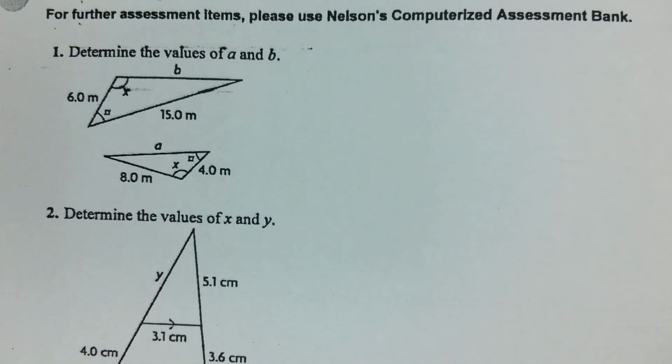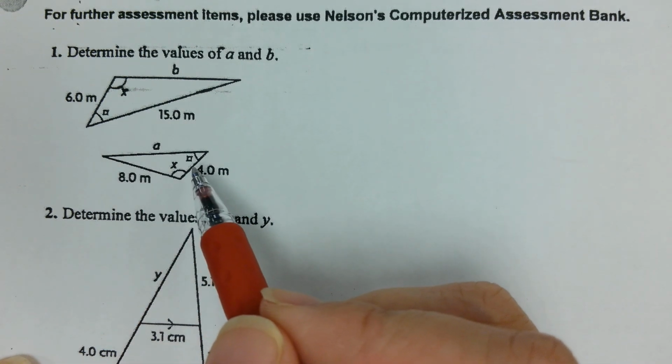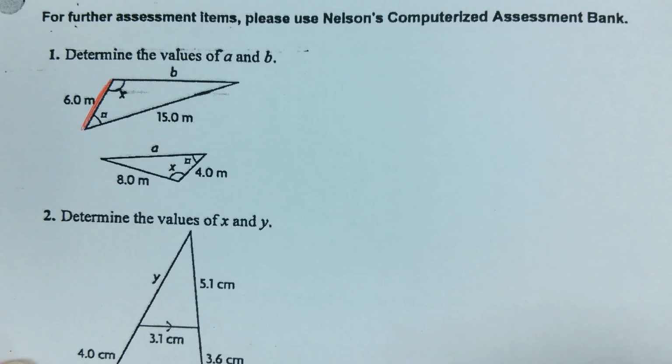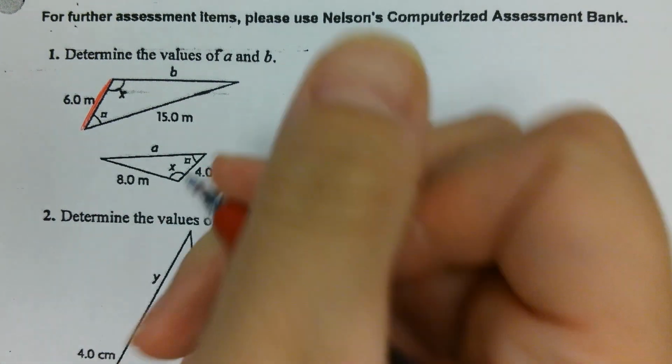Okay, so looking at this diagram, again, remember you can redraw one of the triangles, you can rotate it, you can highlight it. So which side do I compare this length with? Yep, the 4, good.